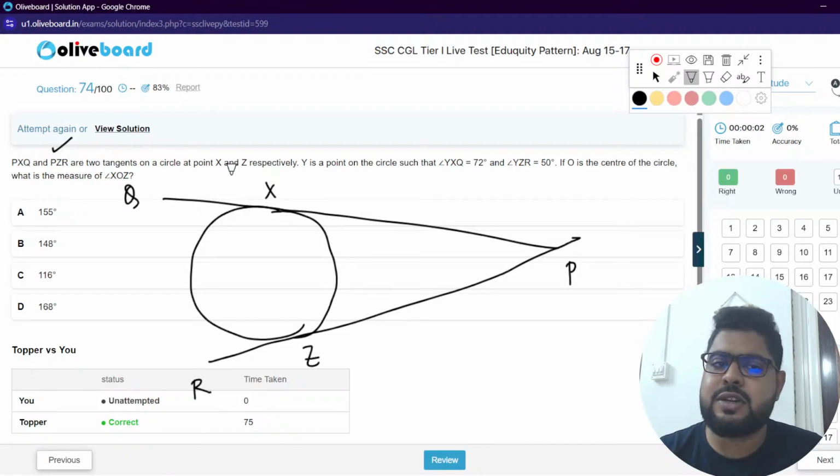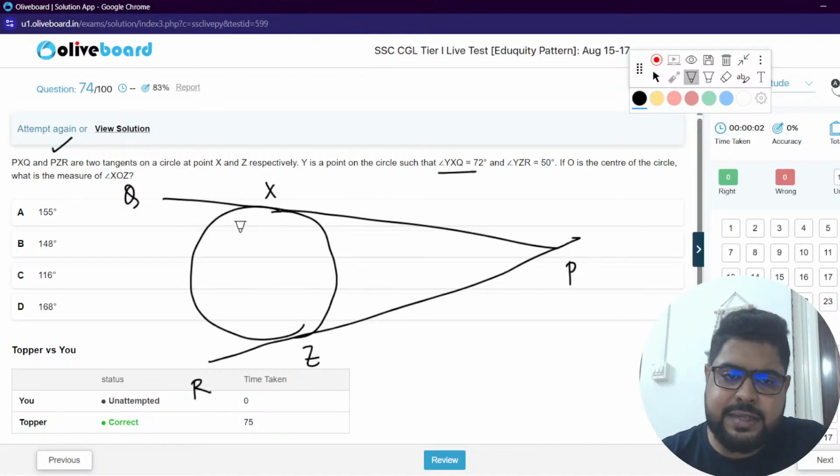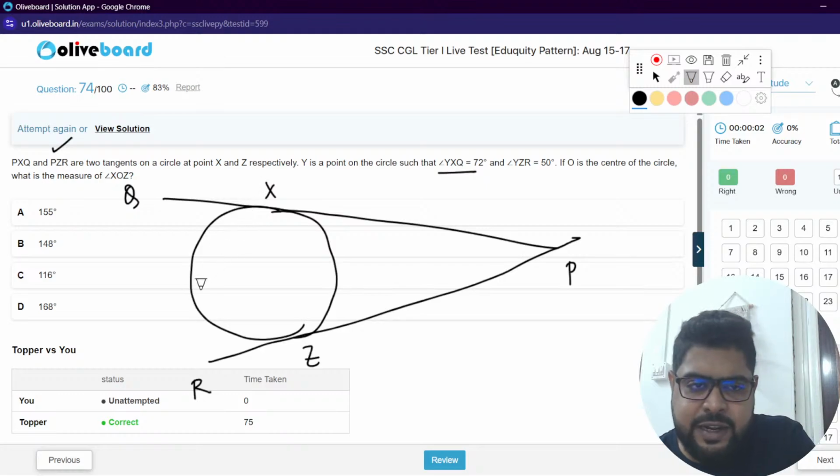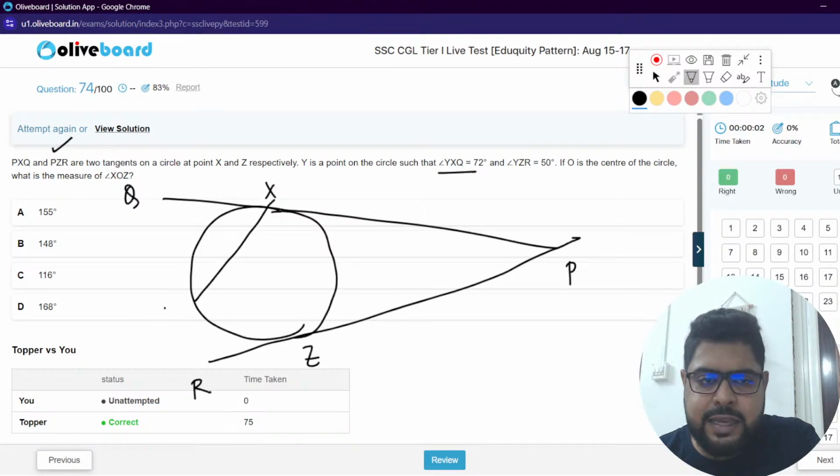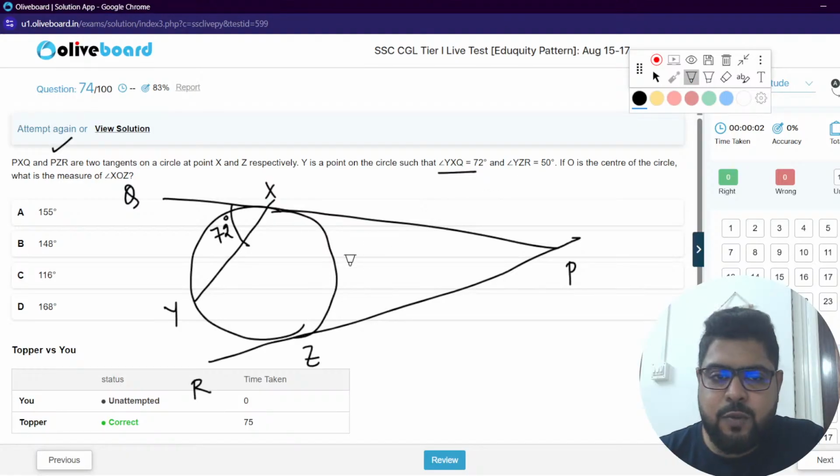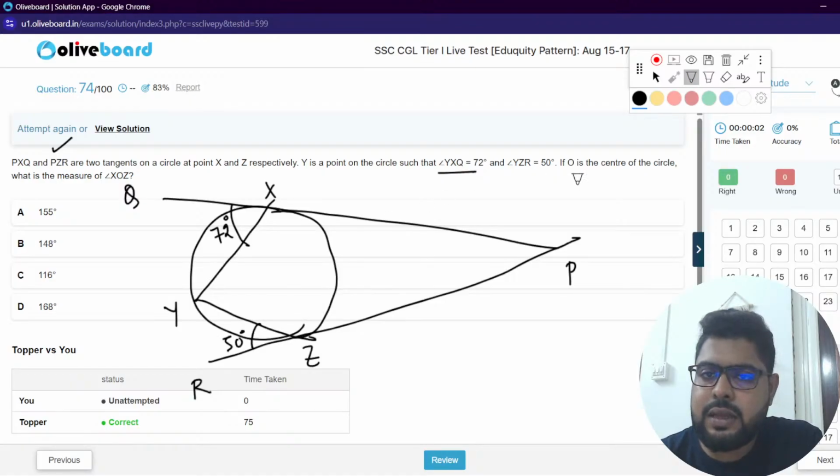Two tangents on a circle at X and Z. Y is a point, and angle YXQ is 72 degrees. And angle YZR is 50 degrees. Okay. O is the center. Angle XOZ, sir, this angle they are asking.